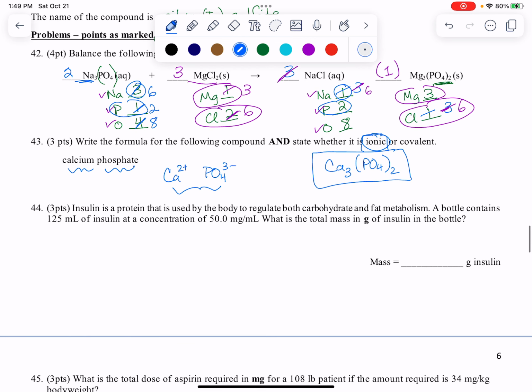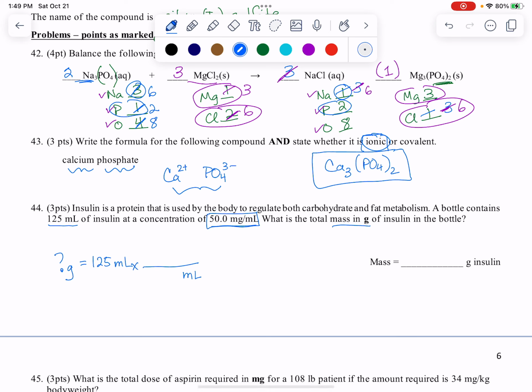All right. Insulin is a protein that is used by the body to regulate blah, blah, blah. A bottle contains 125 milliliters of insulin at 50 milligrams per milliliter. What's the mass in grams of insulin in that bottle? So how many grams is in that 125 milliliter bottle of insulin? And there is my equivalence.